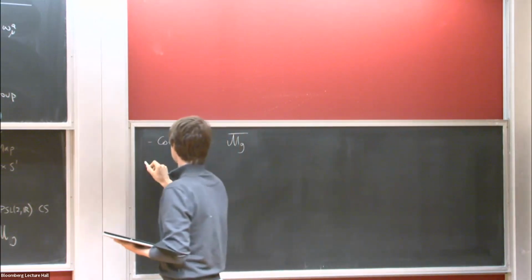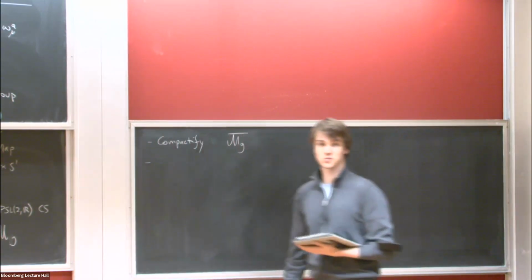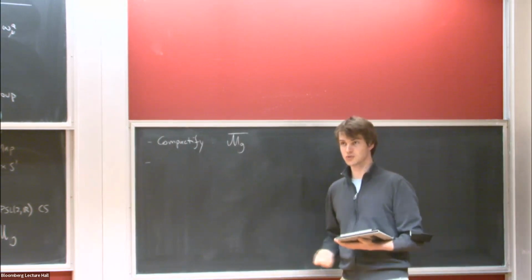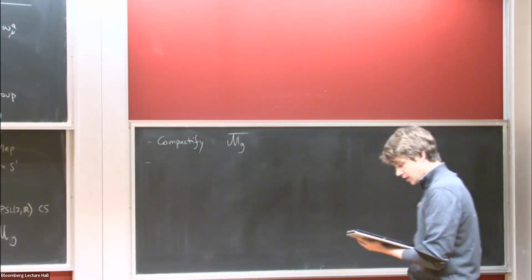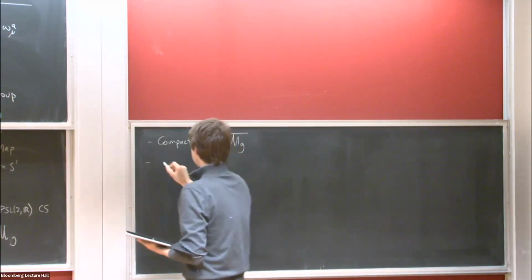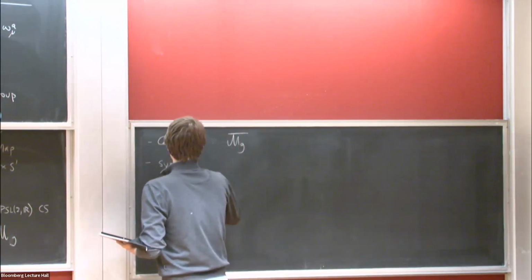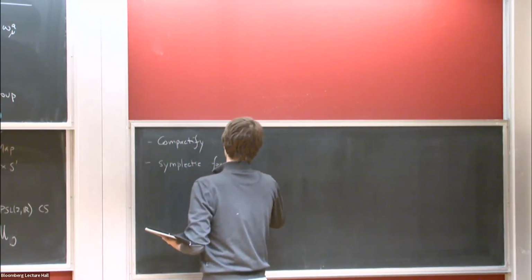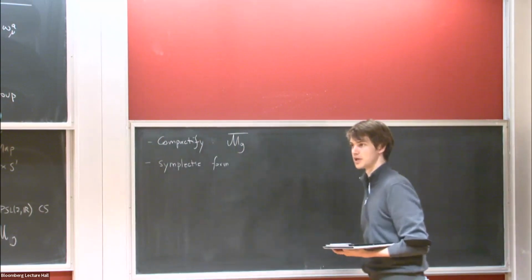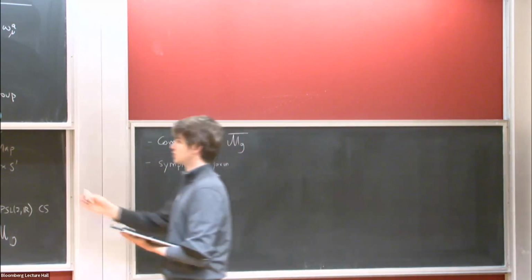Okay, and so now we have a much better chance of computing all these partition functions because we do have a finite, compact phase space. One more ingredient that I should tell you is that there's also a symplectic form that you have to know on this phase space, because it's a symplectic manifold. There are various ways to derive it.